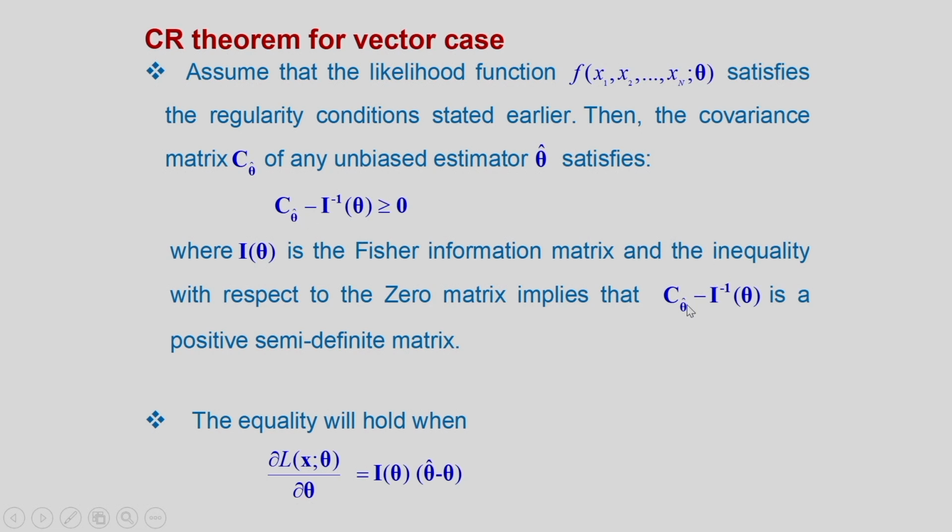Again, the equality will come in the form of a vector: del L del theta will be equal to I theta, this is a k by k matrix, into the vector theta hat minus theta. So, this is the condition to test whether this bound will be reached.